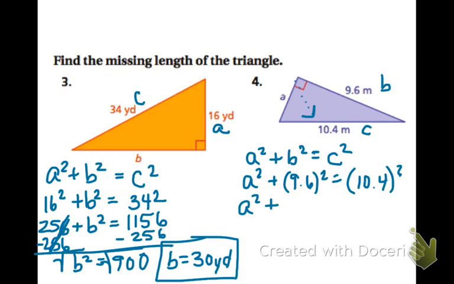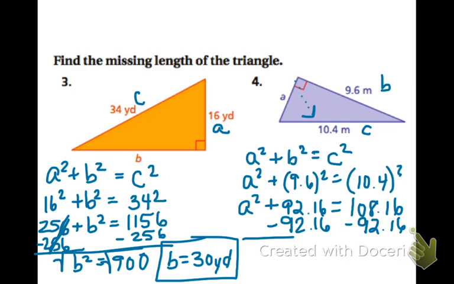When you square this decimal, you'll get 92 and 1600ths. That's equal to 108 and 1600ths. To solve for a, subtract 92 and 1600ths from both sides. We've had a lot of examples and lots of practice solving equations. So in this case, we'll get 16. When you take the square root to get a by itself, it is equal to 4 meters.